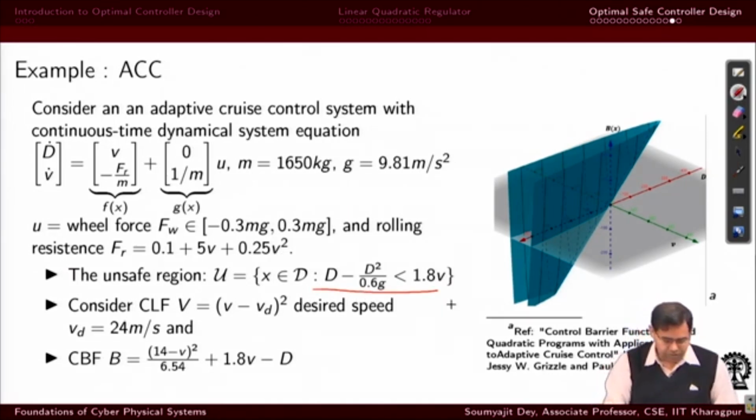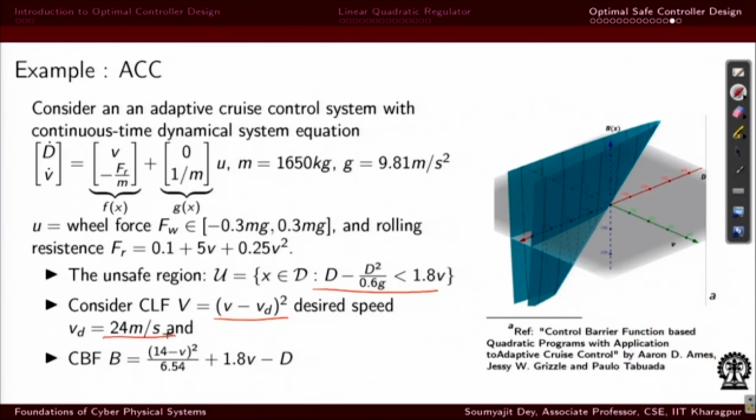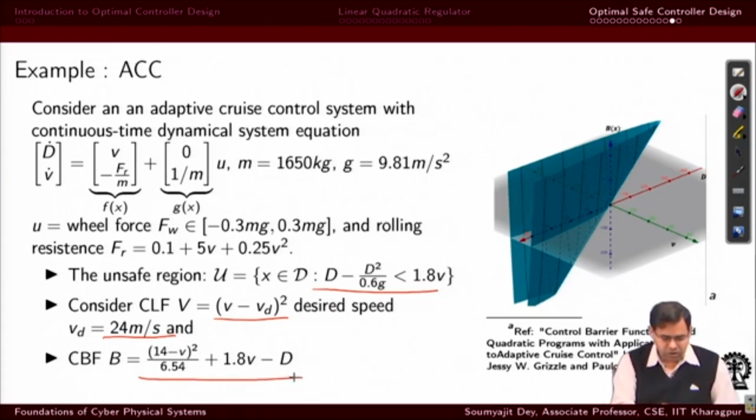And for this system, let us say you create a Lyapunov function given like this, v minus vd squared, where the desired speed Vd is given like this, and you have this as your CBF. All the usual parameters are specified: mass is given, g value is given, u is the wheel force, and Fw, this parameter is inside this range, and also the rolling resistance is given by this equation.